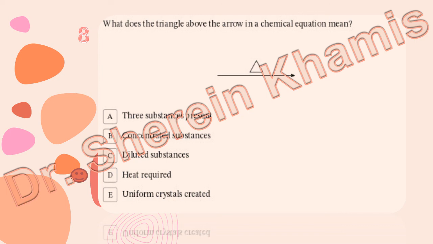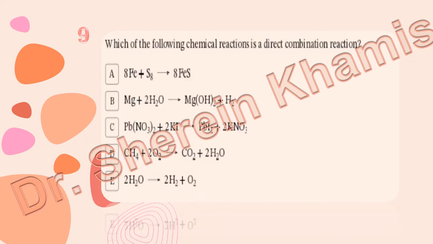Okay, let's go to question 9. Question 9 says: which of the following chemical reactions is a direct combination reaction? Okay, what do we mean by a direct combination reaction? It means a reaction between two substances to form one single product. We have here the first one, iron with sulfur, that gives iron sulfide.